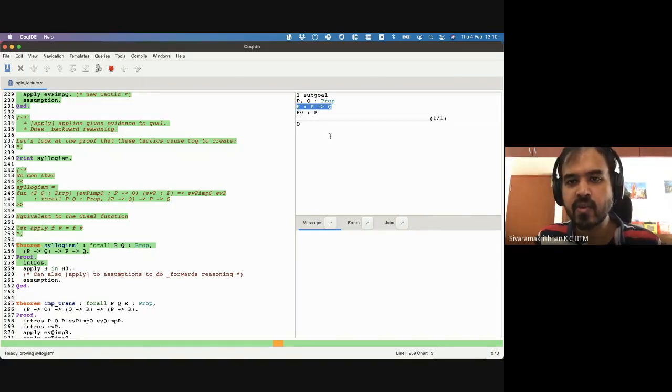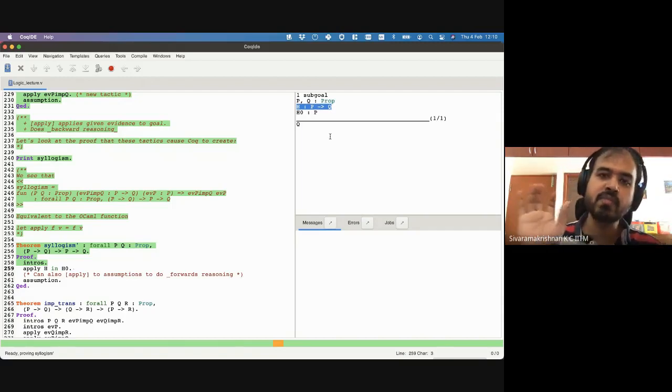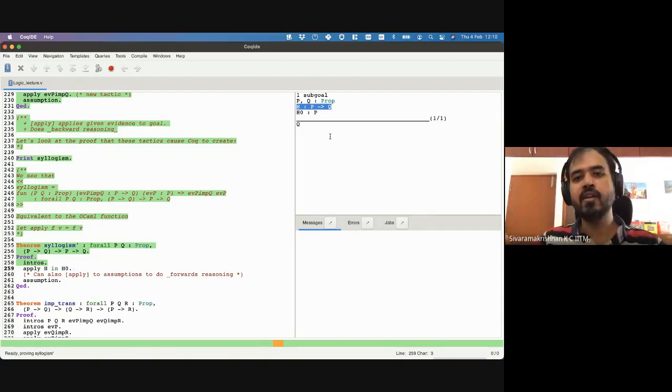If we just look at the first one, it says that H is an evidence for the proposition P implies Q. The other way, the functional way of looking at it, is that H is a function whose type is P implies Q. Similarly, you have H0, which is P. Looking at it the functional way, this is a function, and this is an argument whose type matches the argument type of the function. So you should be able to apply it, right? And that is precisely what we do for forward reasoning using the apply tactic here.